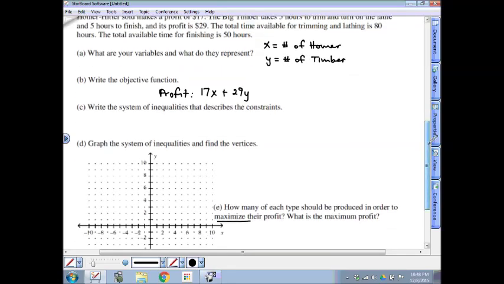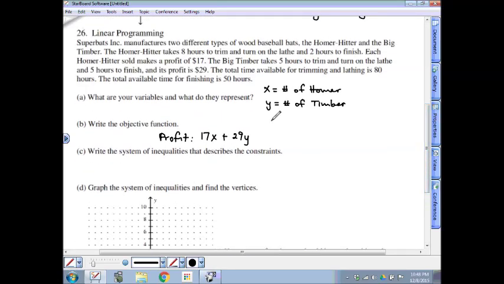Now the system of inequalities that describes the constraints. The constraints are what limits the amount of production here. So there's only a limited number of hours in the day, and man hours, and time on the equipment, and things like that. x represents the number of Homer bats, and it has to be greater than or equal to 0.